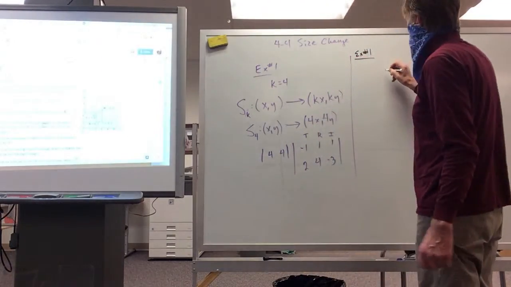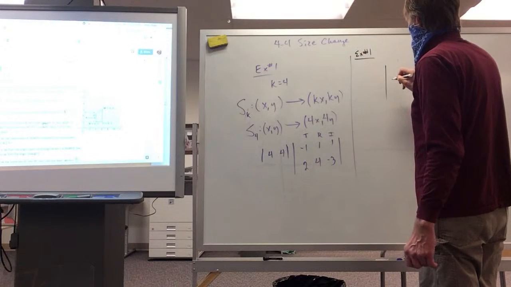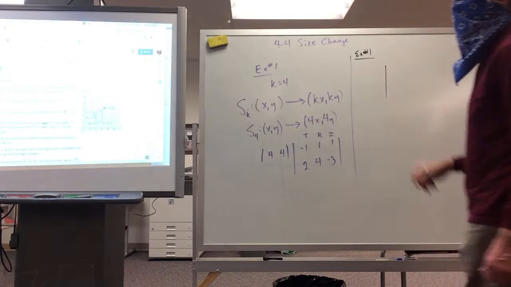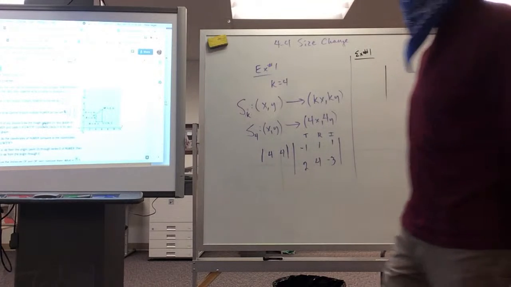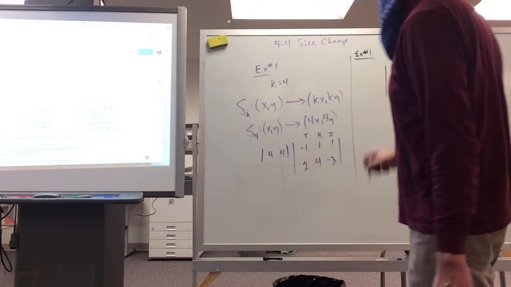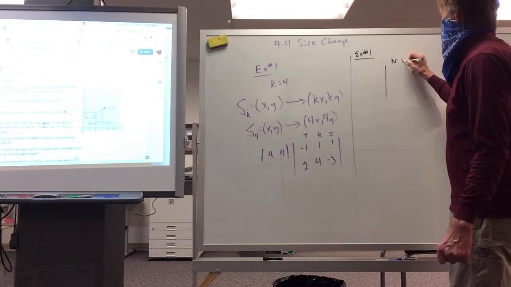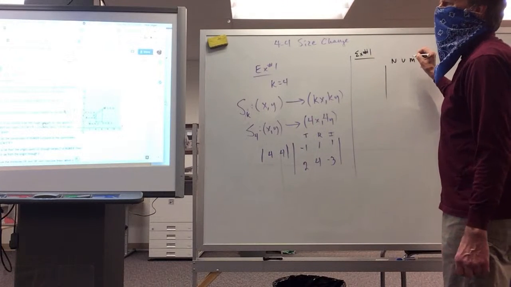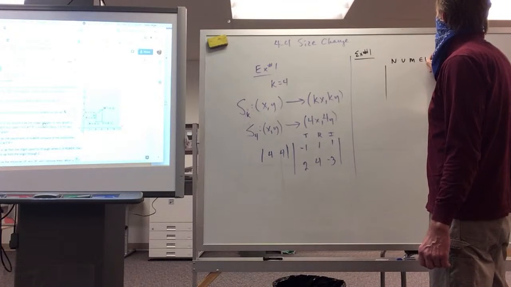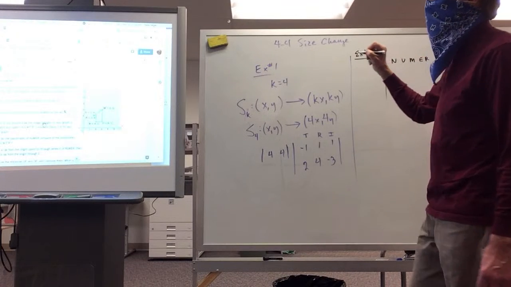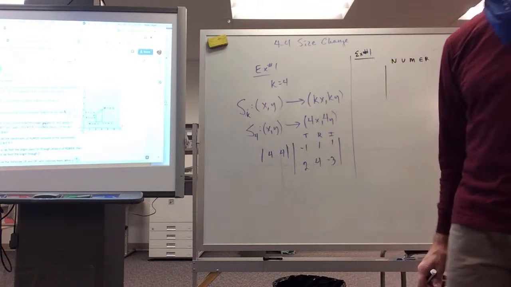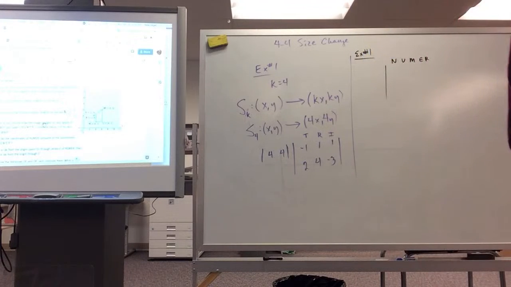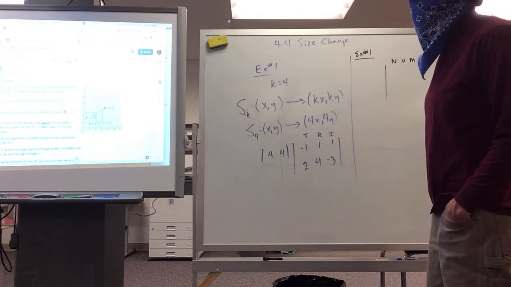So let's do the point matrix together, unless you want to work ahead of me. It's called NUMER, so let's put them in that order. NUMER. So how is this matrix going to look?